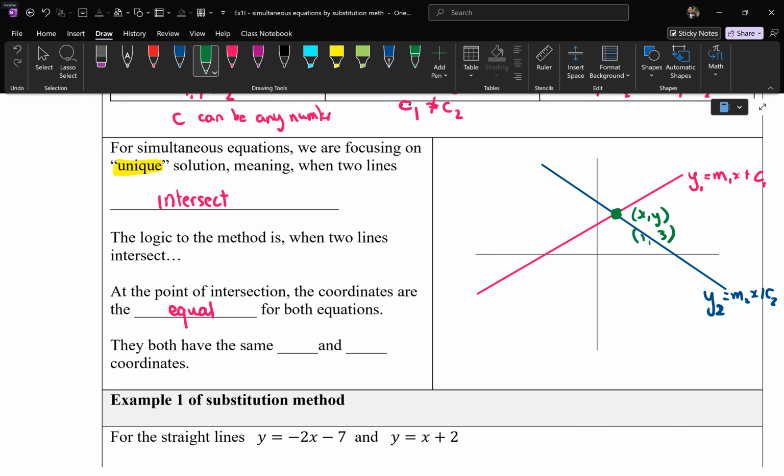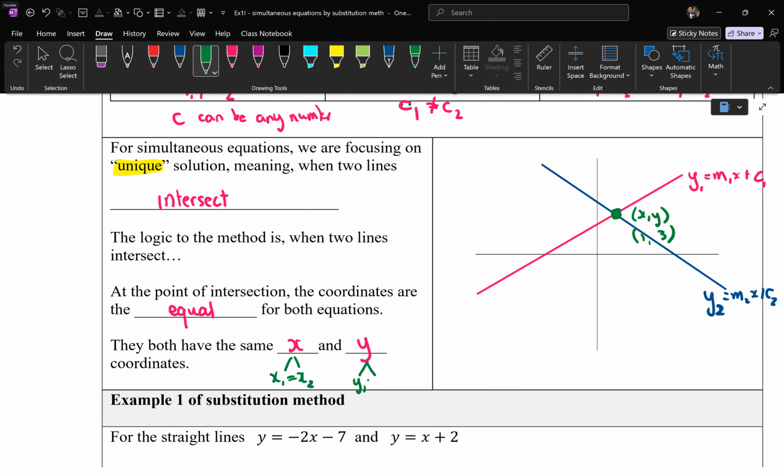So I'm saying at the point of intersection, the x coordinate and the y coordinate have to be the same. That's the only way you have the same point where they intersect, right? If that still doesn't make sense, I'm going to write it again. This means that x1 has to equal x2.